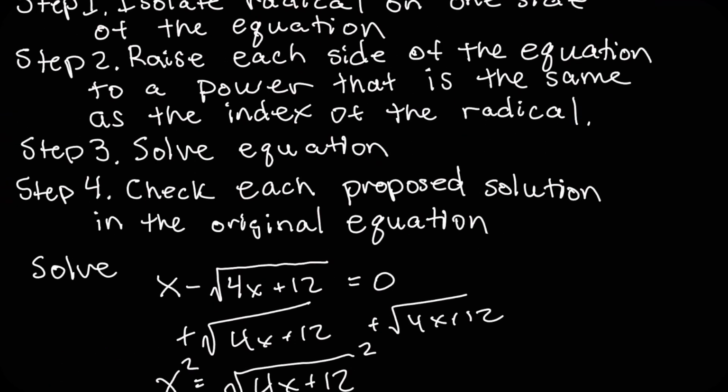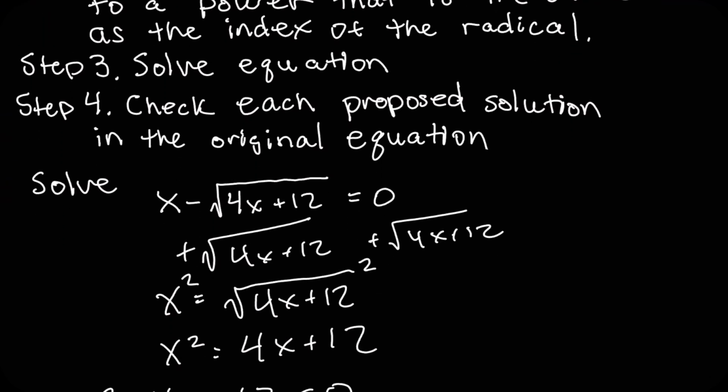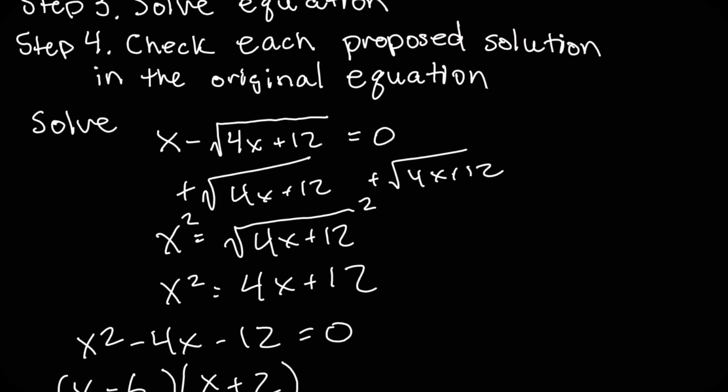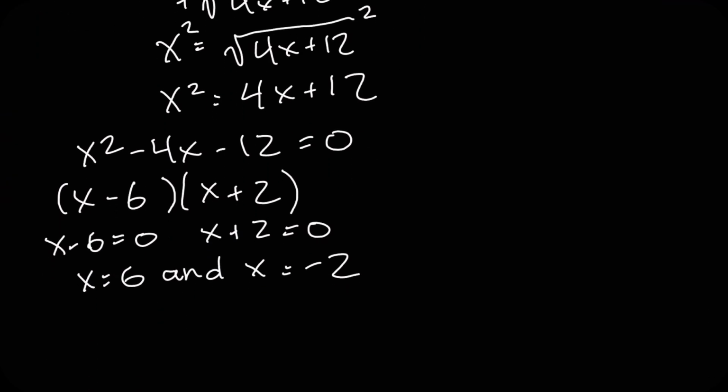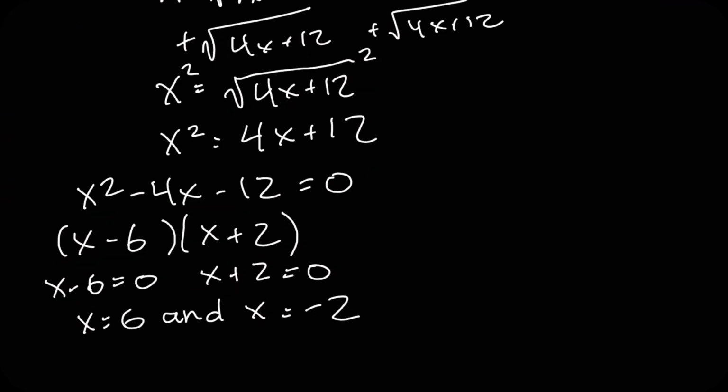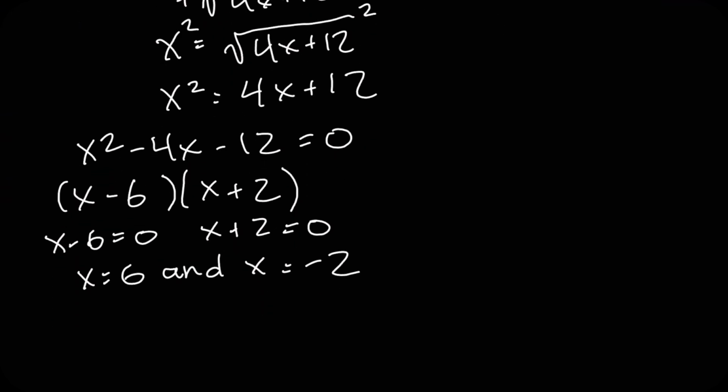Now, our last step is to check each proposed solution back in our original equation to see if it actually makes any sense. So let's try this 6 and this negative 2. So 6 minus the square root of 4 times 6 plus 12, and we want to see if that's equal to 0.